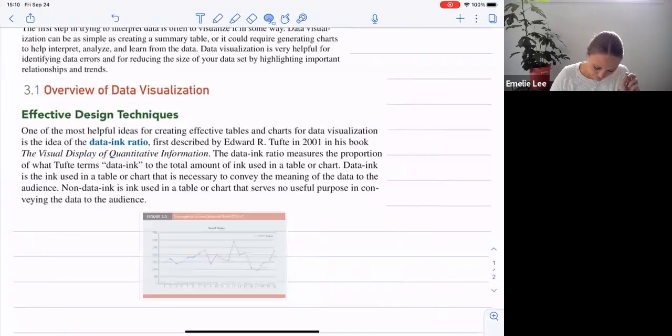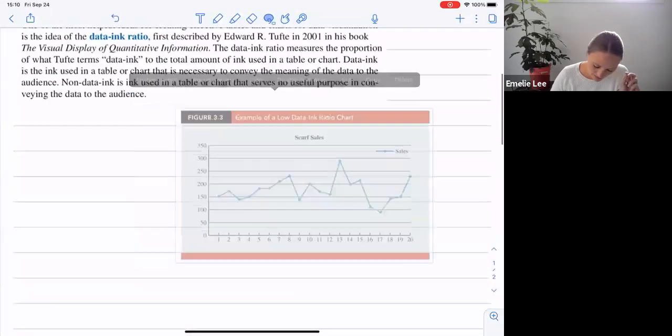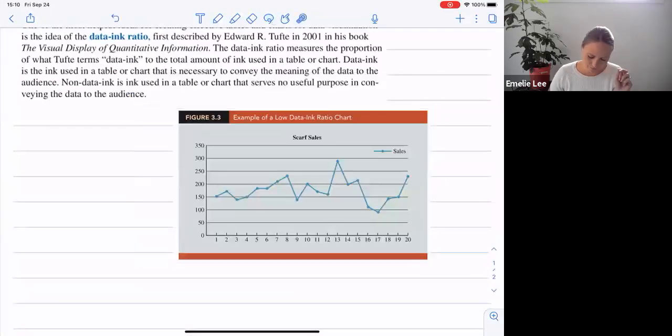So here, if we have this graph, for example, just a typical kind of graph, right? And with a little bit of teasing out information here, the data ink would be these points.